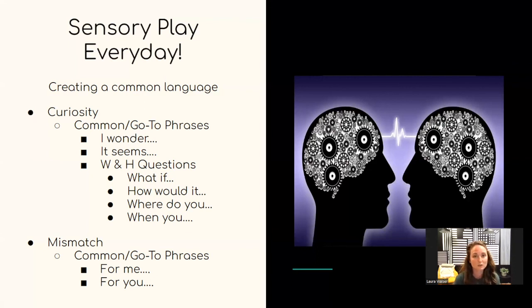That water isn't cold, now get in. It is way too cold out to wear that, put something else on. Why do you always want to wear that? You aren't wearing that every day. Now go change. So when we're using phrases like that, we are putting our own sensory preferences onto that child and really preventing the opportunity for them to better understand their own specific sensory needs.